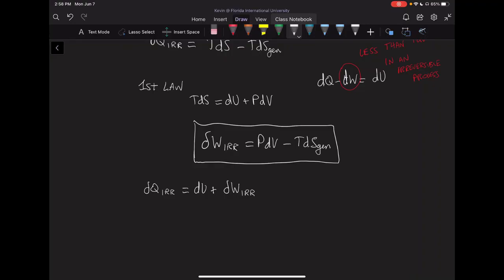Okay, so we can say that work is reduced by an amount proportional to our entropy generation.